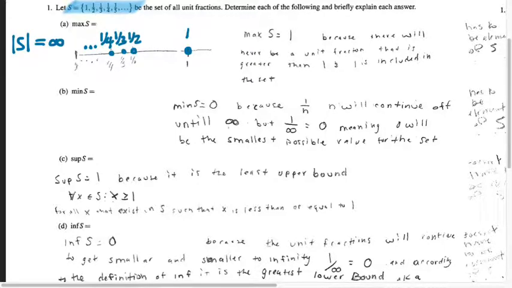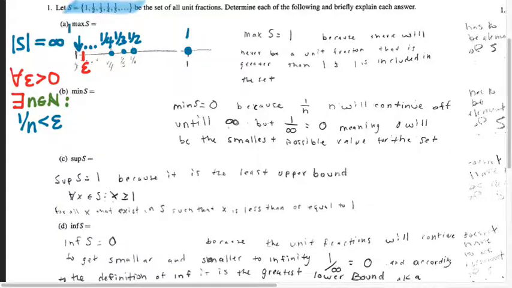Or, phrased another way, for any positive number that I choose, let's call it epsilon, we can find a natural number n such that 1 over n is less than epsilon. This should sound kind of familiar.